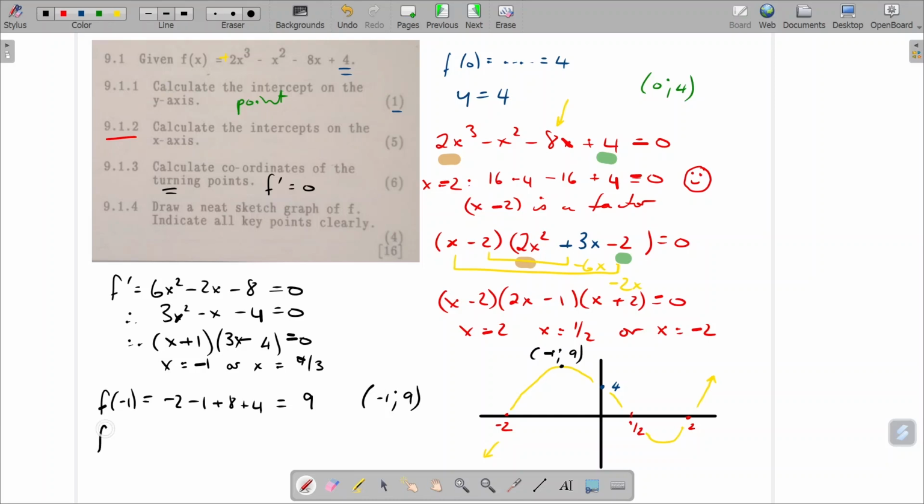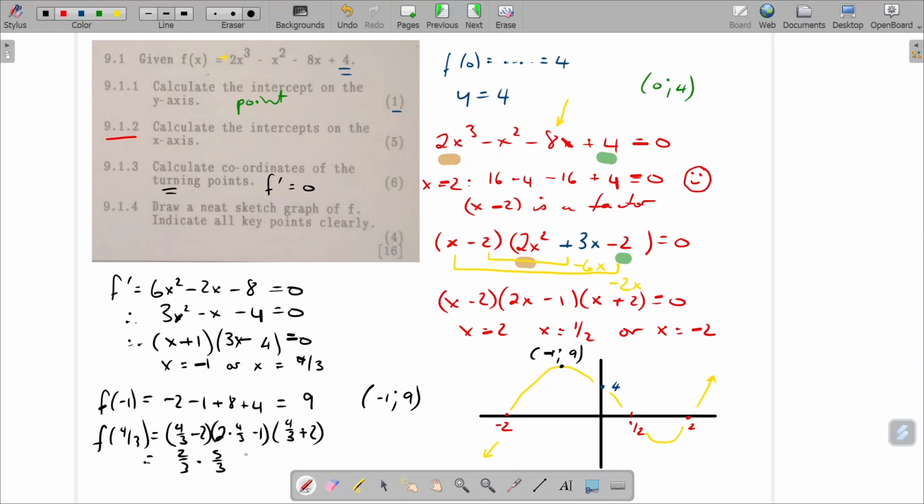Putting in the value of 4/3, again, you can substitute into the original equation. You can use your calculator. I have the fun of doing 4/3 minus 2 times 2 times 4/3 minus 1 times 4/3 plus 2, which is 4/3 minus 2, will be 2/3. 8/3 minus 1 will be 5/3.